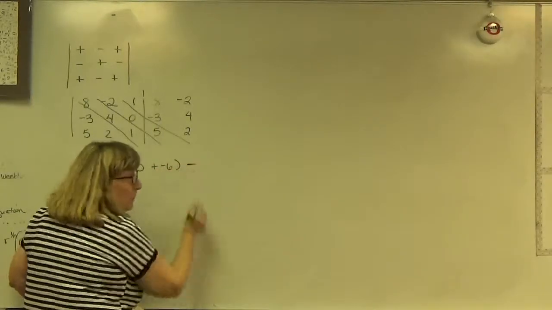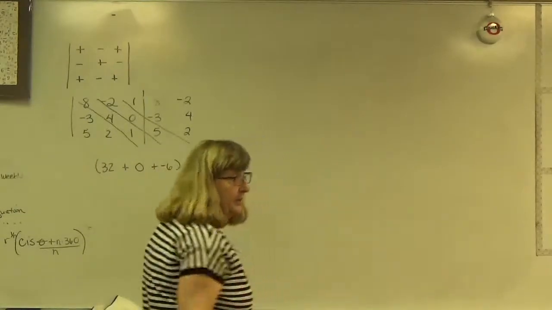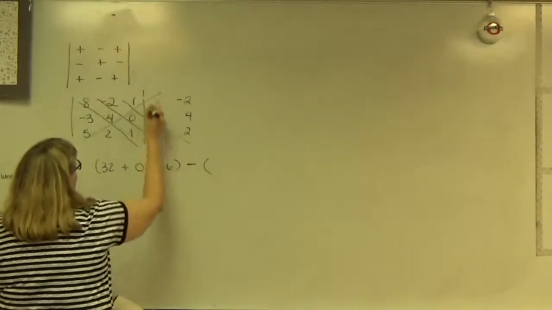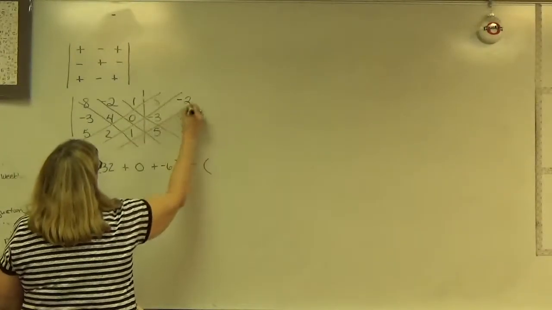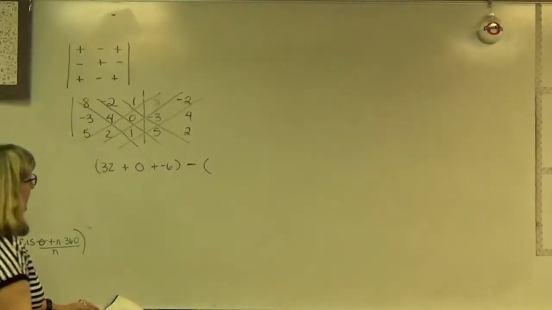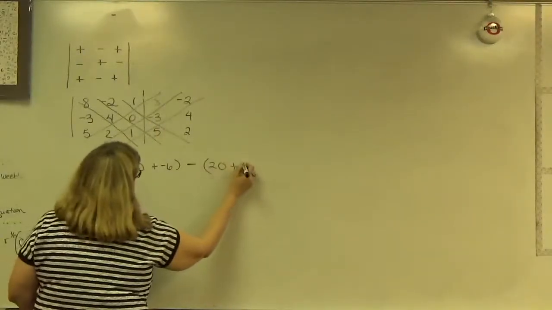Okay, then, remember on a 2 by 2, it's the diagonal down, subtract the diagonal up. So now we're going to do the same thing with the diagonals up. So that first diagonal up, what will I get on it? 20. Second one, 0.